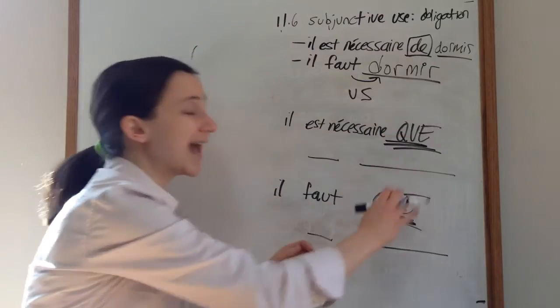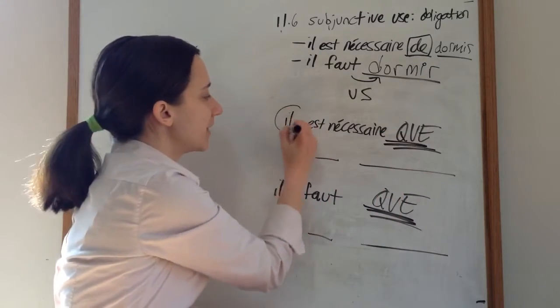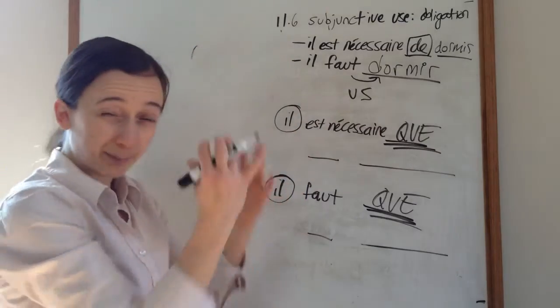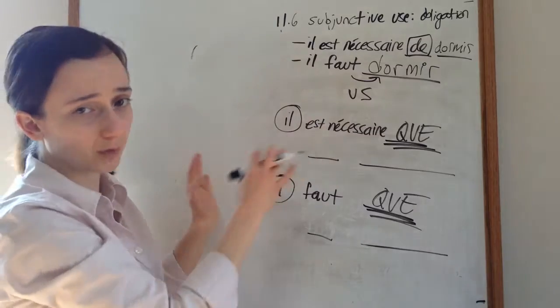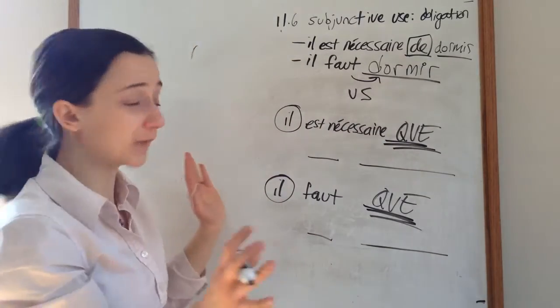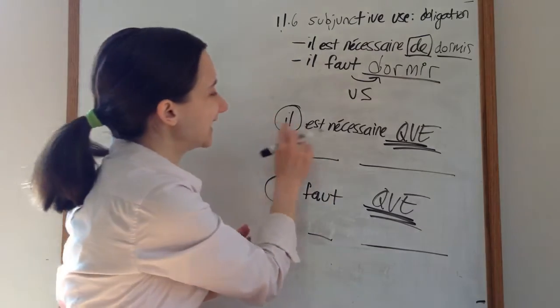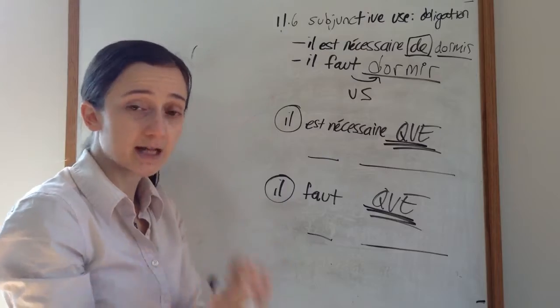We have the que, and then we have another subject. We had this impersonal subject, talking about it. It is necessary just in general, not him or her or I or you or we or they. Impersonal. Il est nécessaire que. Now we need a different subject.